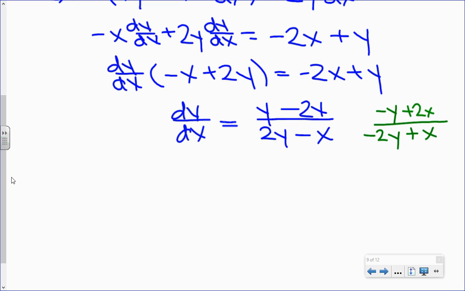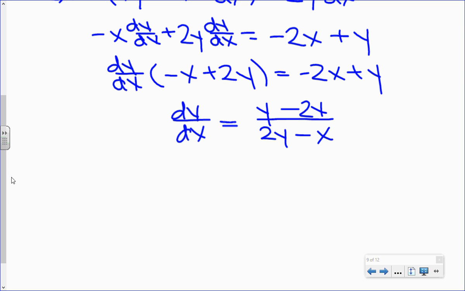Those are the same thing. They're opposite in the numerator, opposite in the denominator, which means they're still the same because you have negative 1 over negative 1. So keep that in mind when we're looking at answer keys and that kind of thing.